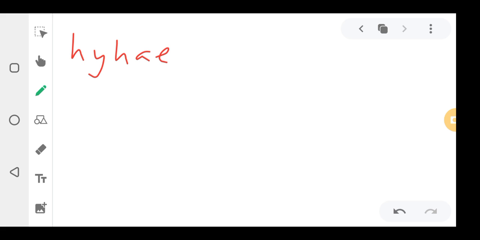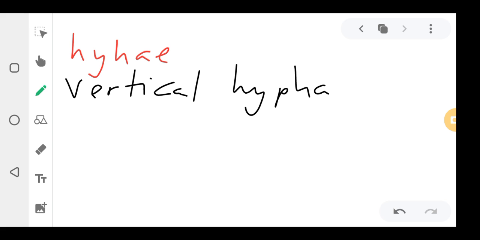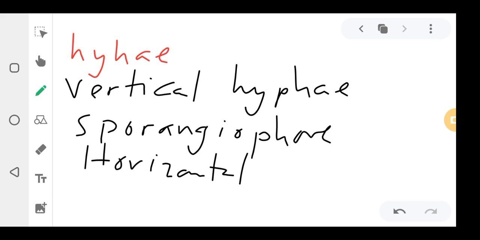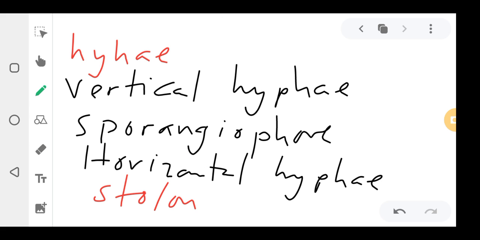A vertical hyphae is called sporangiophore.